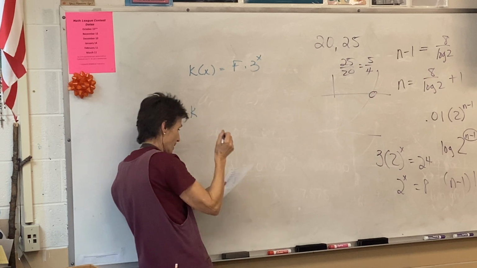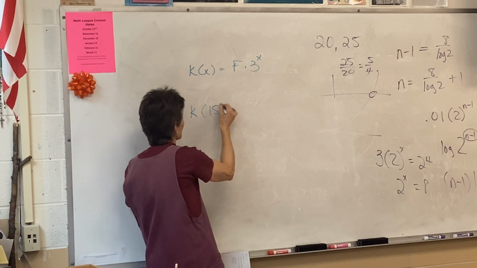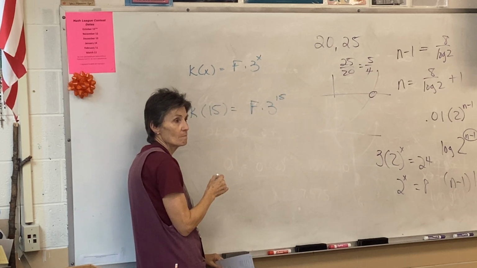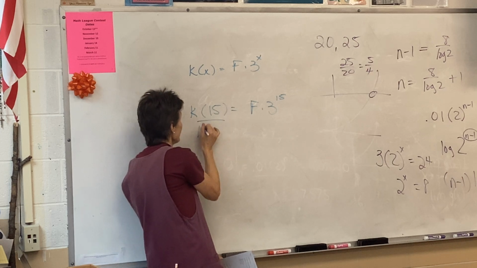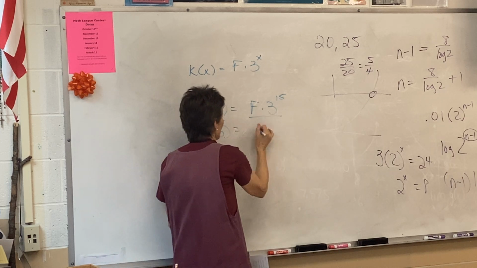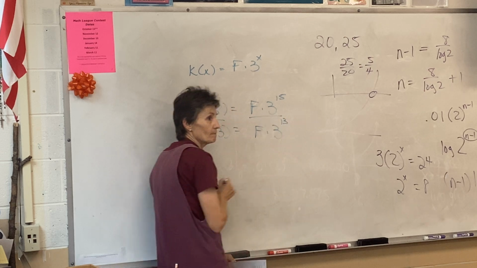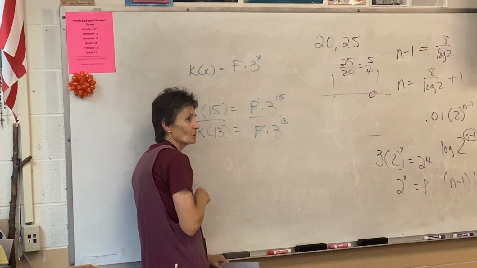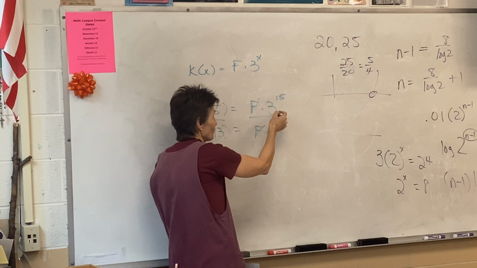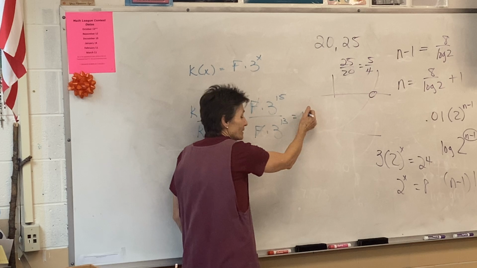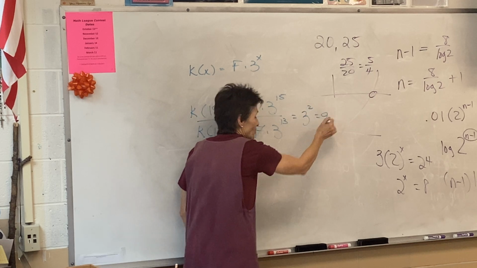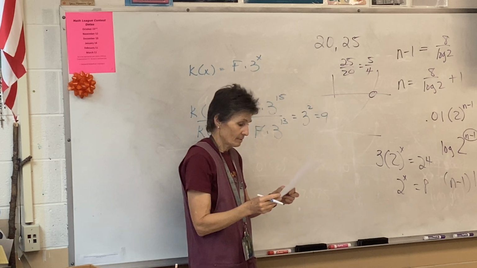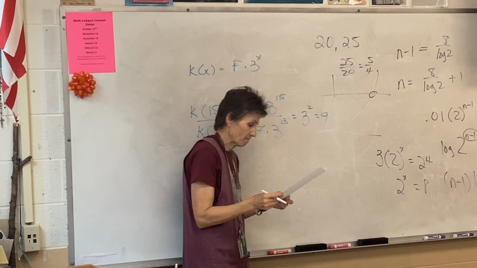So K of 15 would be F times 3 to the 15th, and K of 13 would be F times 3 to the 13th. What happens to the F's? Gone. What happens here? 3 to the 15th over 3 to the 13th is going to be 3 squared, which is 9. So easy. They look so hard, but they're so easy.